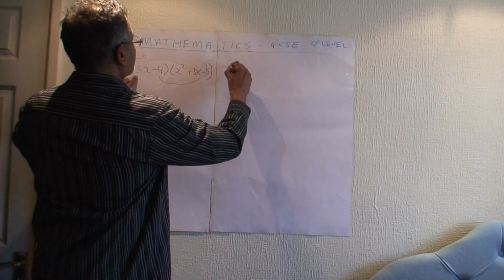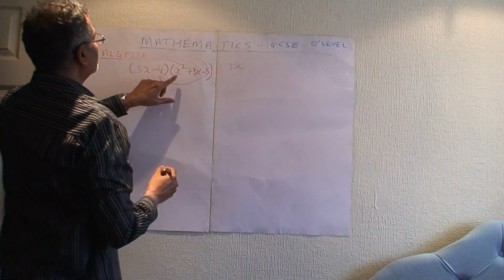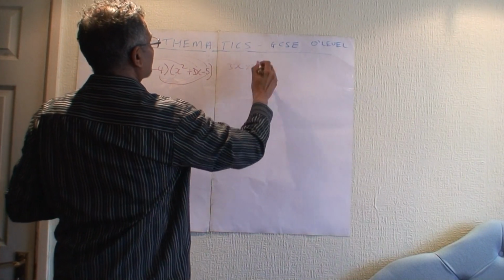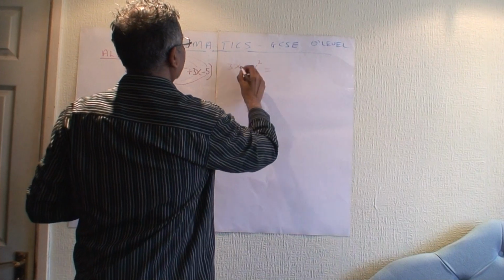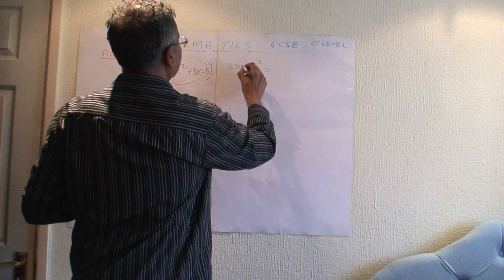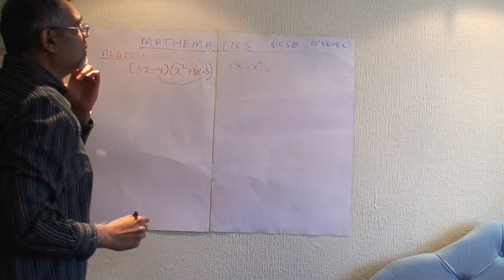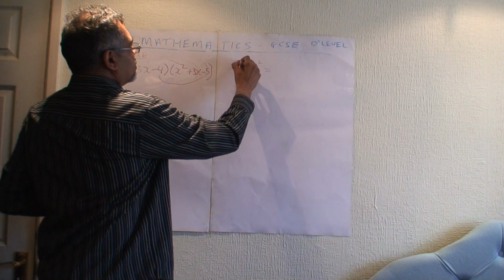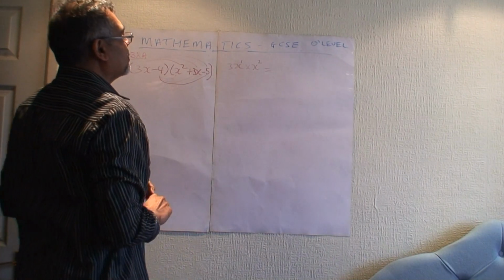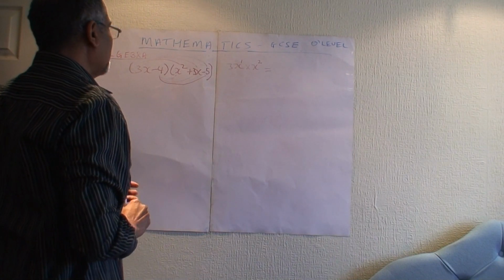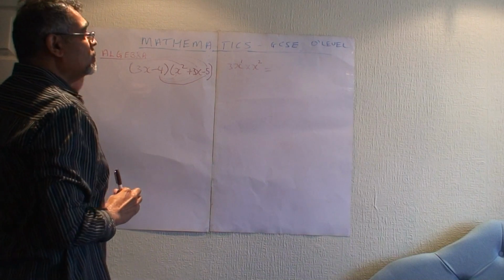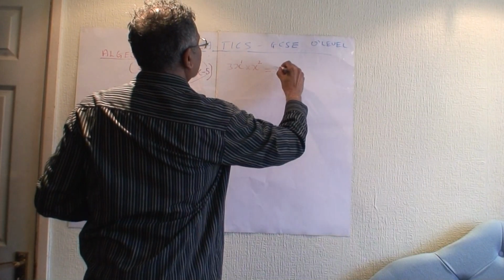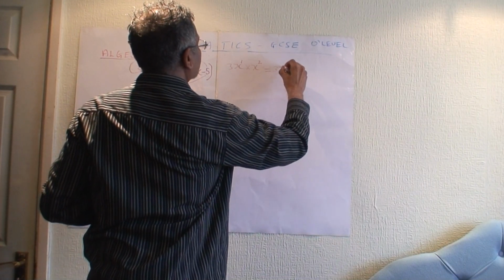So we have 3x, and we want to multiply it by x squared. The power for this x is already understood as being 1, so we add the powers. That will be 3x to the third power.